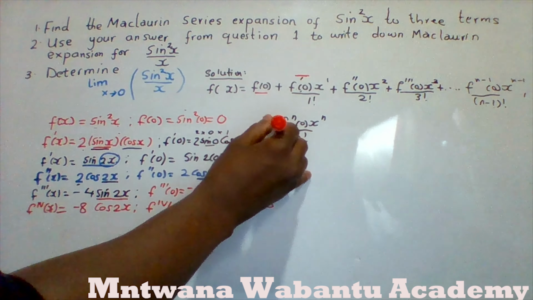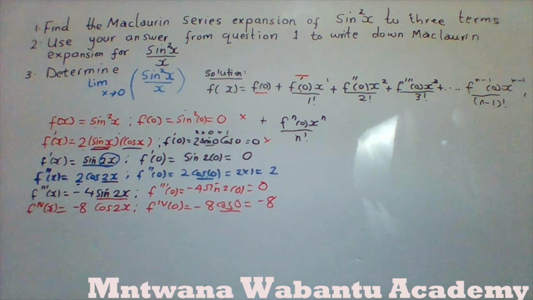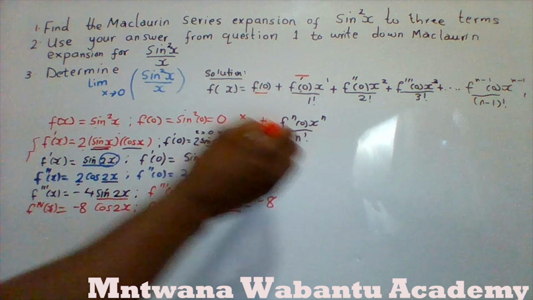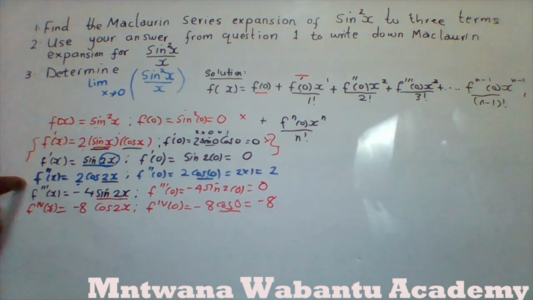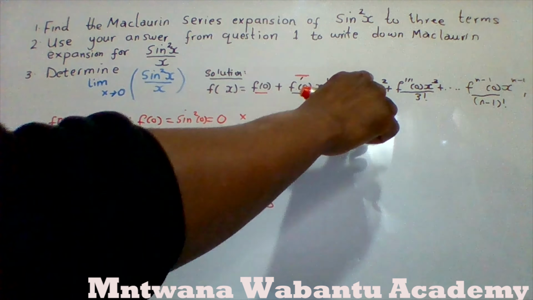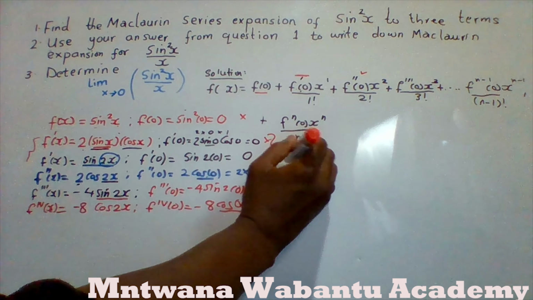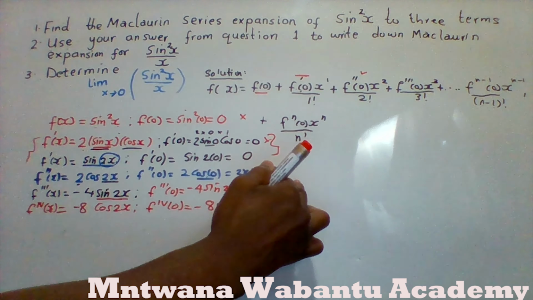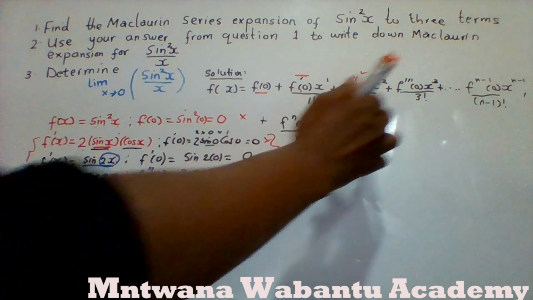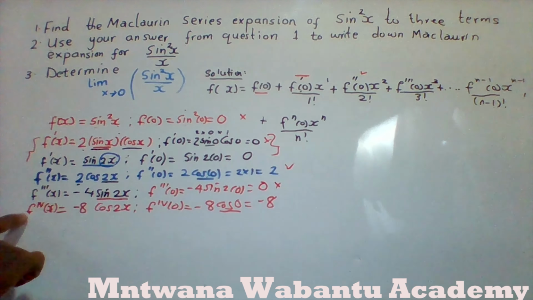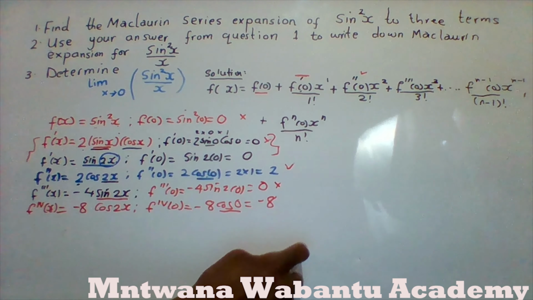So we don't have any term there. The f second prime equals 2, so when you take 2 times something, we're going to get something. So this is going to be our first term. The f third prime is 0, and 0 times anything equals 0, so no term. But the fourth prime is going to give us a term, negative 8. So we've got to get one more, a term which is going to give us an actual number.